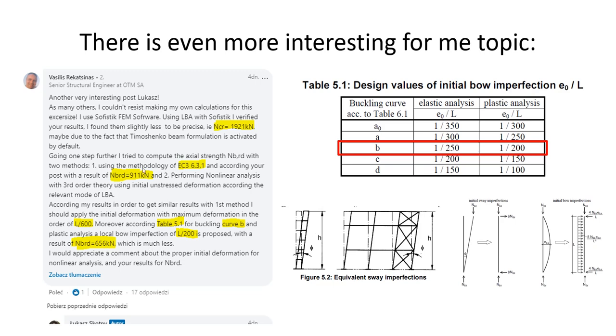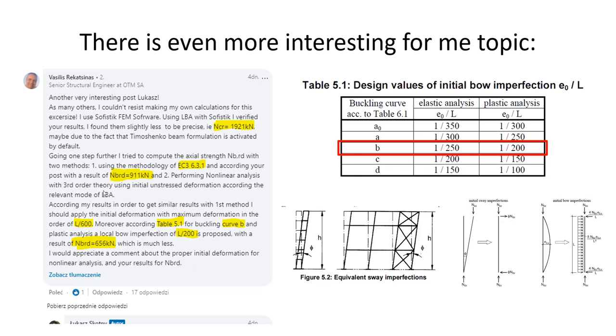To get the ultimate load obtained by the classical method, he has to use the amplitude at the level of L/60, not L/200. So he would like to know what the proper initial deformation is for nonlinear analysis.